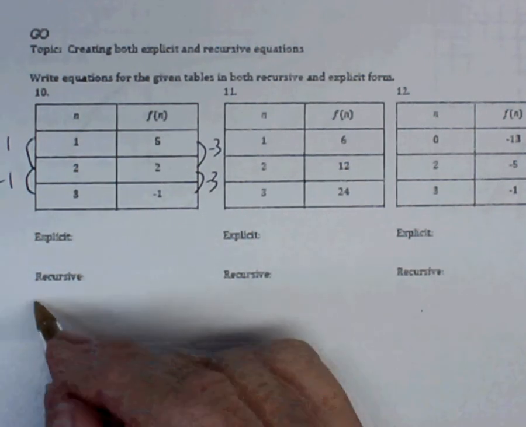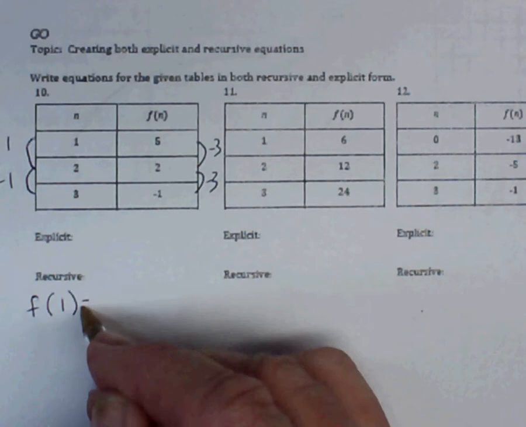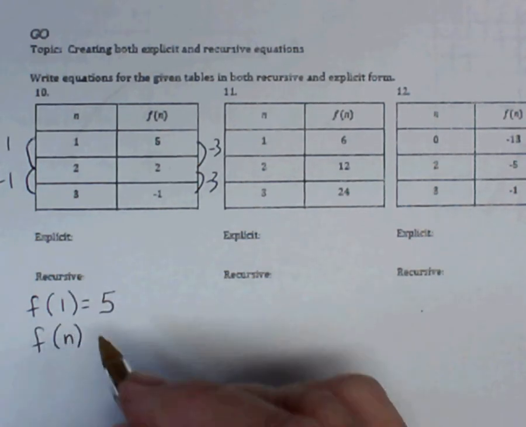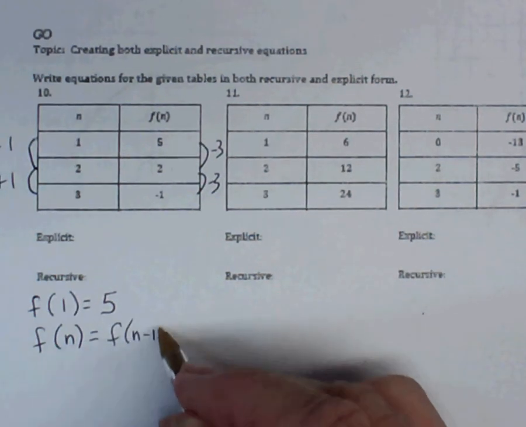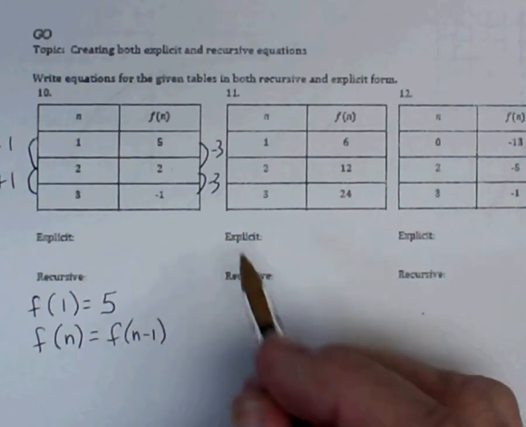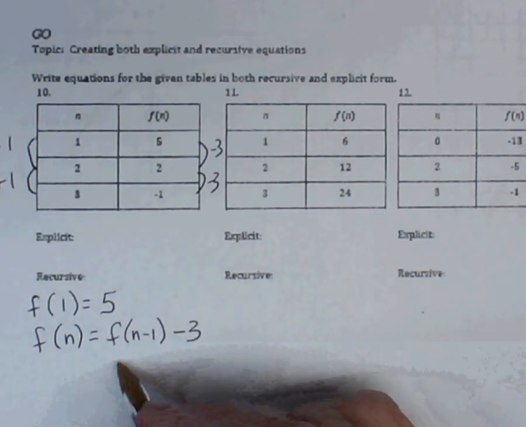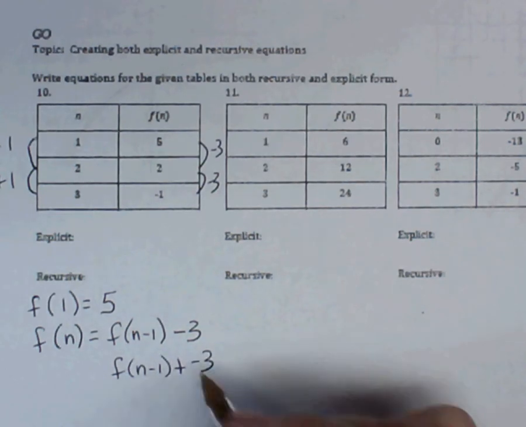So the recursive, I could start with f of 1 is 5. F of any step would be the step before minus 3, or the step before plus negative 3. Those are equivalent.